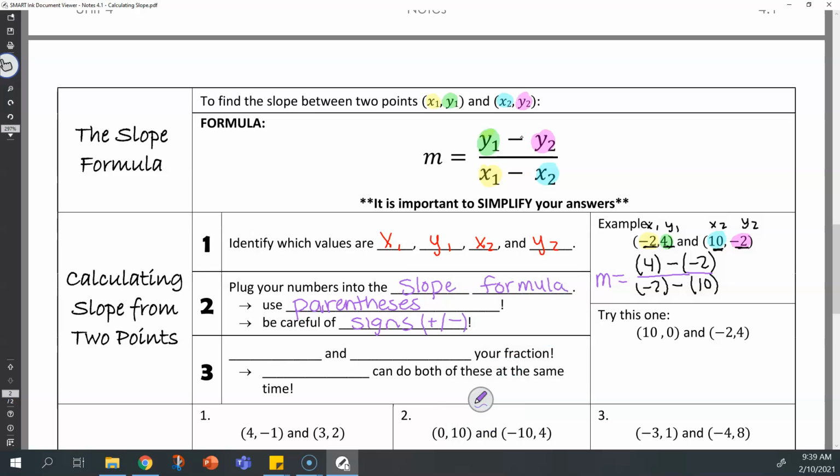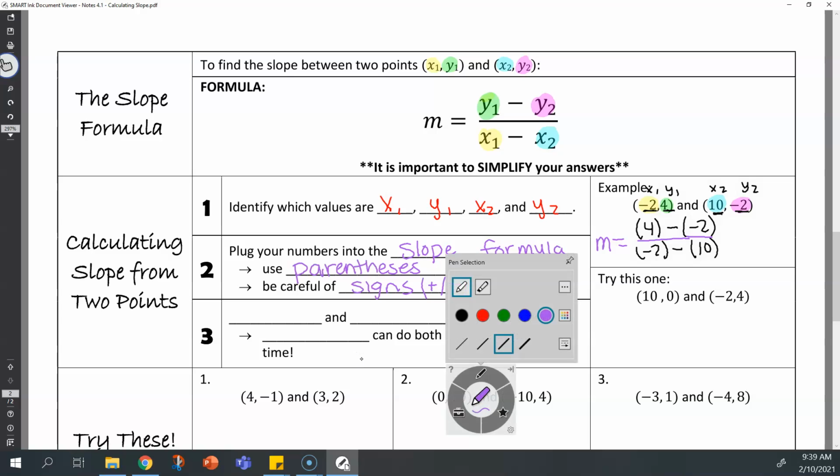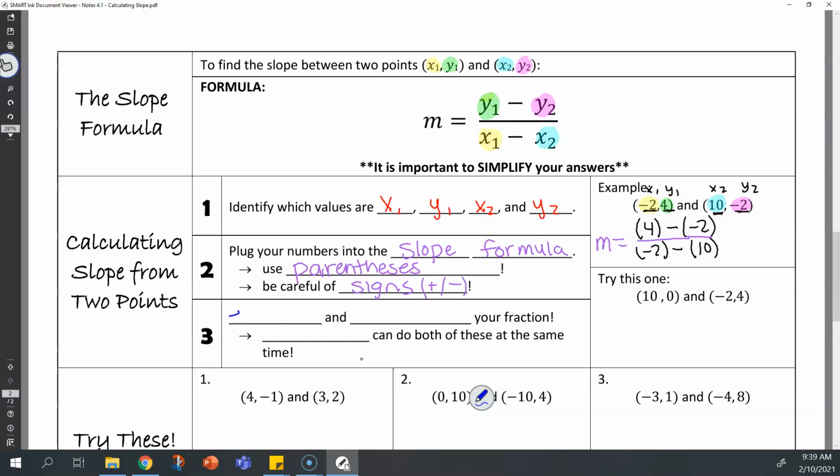Because once I've set this up, I can plug the entire thing into Desmos, because my very last step is to evaluate, meaning figure out what is 4 minus negative 2. What is negative 2 minus 10? And then I'm going to simplify that fraction. Okay? Like I just said, Desmos can do both of these at the same time.